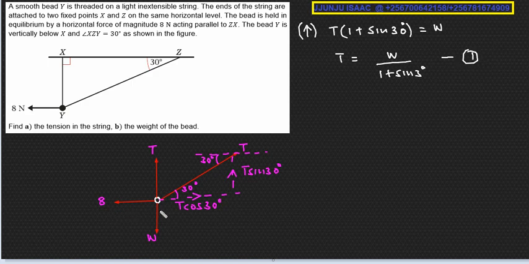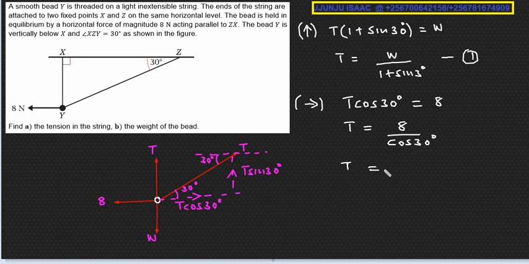Now horizontally, the right component of this portion of the string is T cos 30 degrees, which should balance the 80 newtons, meaning the tension here can be found by getting 80 divided by cos 30 degrees.